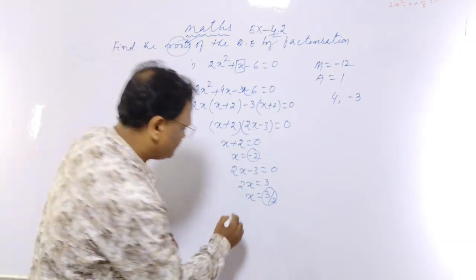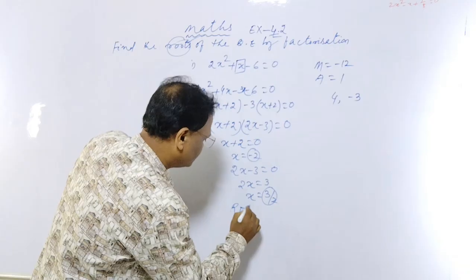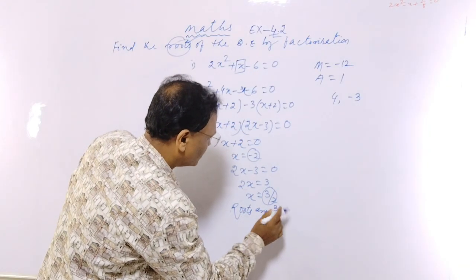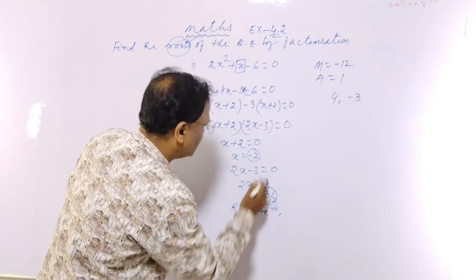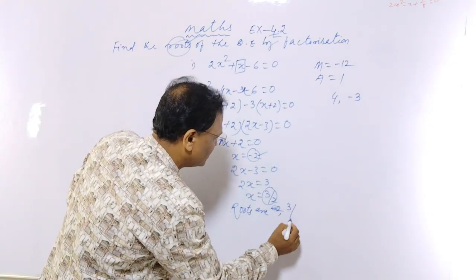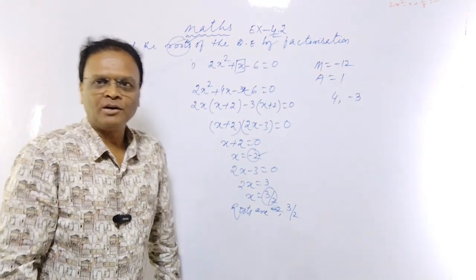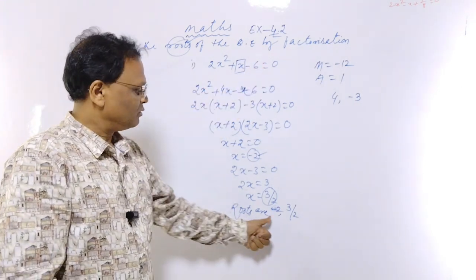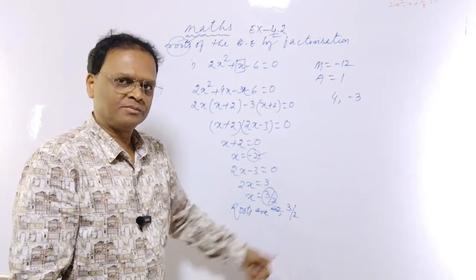The roots are minus 2 and 3 by 2. So this is the way how to find the roots of this quadratic equation. So what are the roots? Minus 2 and 3 by 2.